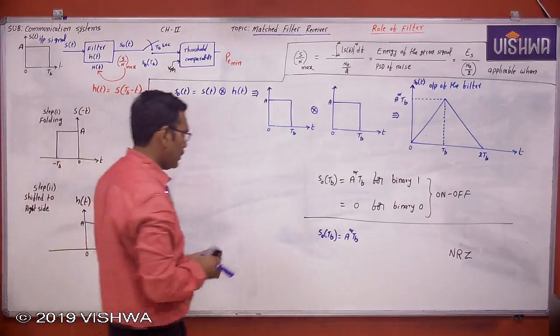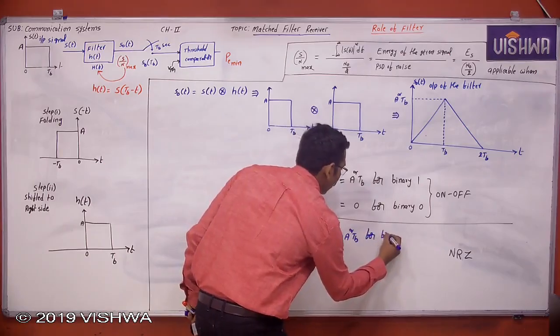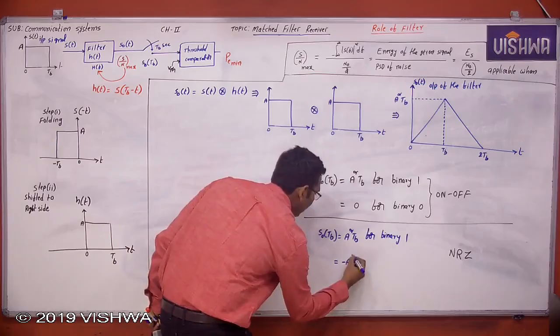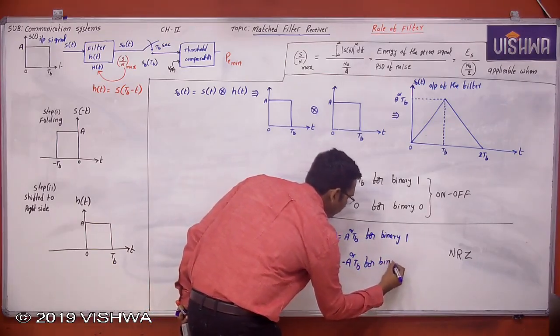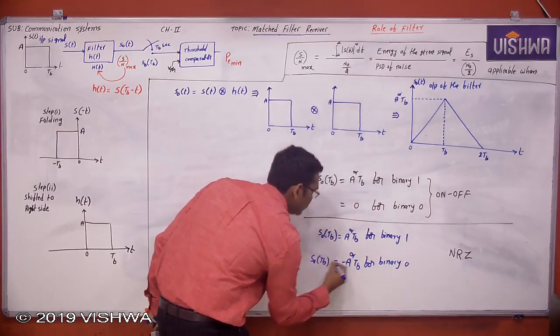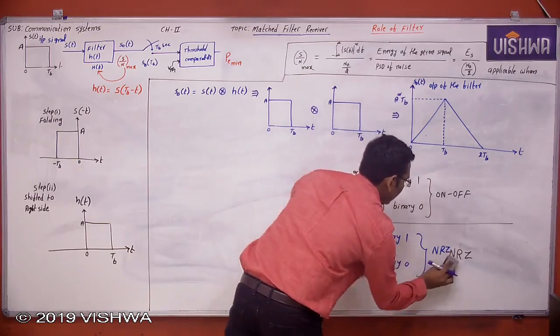S naught of Tb is equal to A square Tb for binary 1, and equal to minus A square Tb for binary 0. Now this is for the non-return to 0 scheme. Note down.